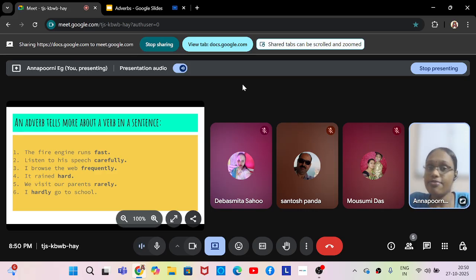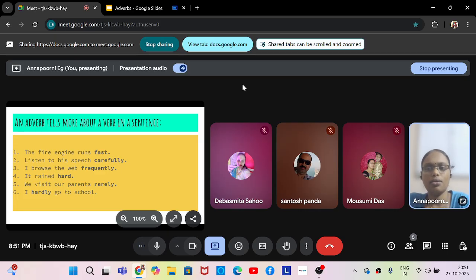Instead of writing heavily or strongly, you are using the word hard. But hardly is totally different from hard. Hardly means very rarely. Hardly is a negative word like rarely. Rarely, hardly, barely, all these are negative words. Hardly means rarely.